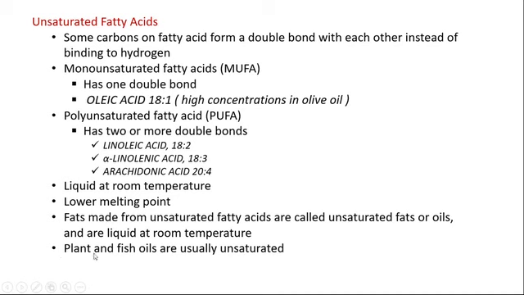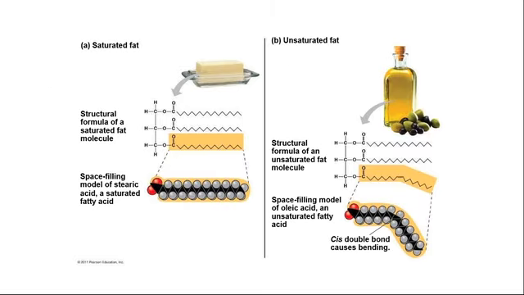I'm sure most of you know about the plant oils that you use at home: sunflower oil, safflower oil, rice bran oil, groundnut oil, sesame oil. All these are liquids at room temperature, and if you look at their composition, they have a large amount of unsaturated fatty acids.